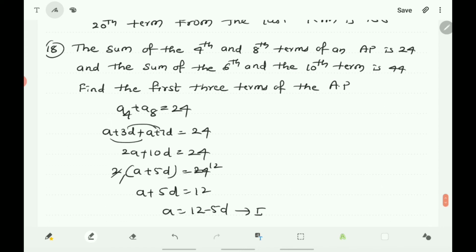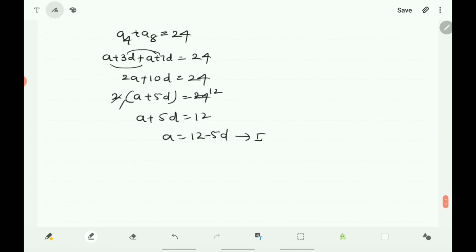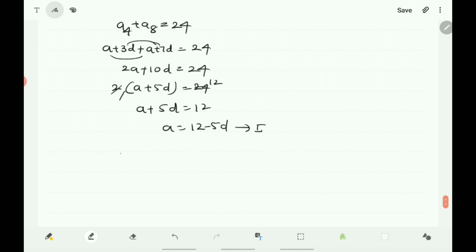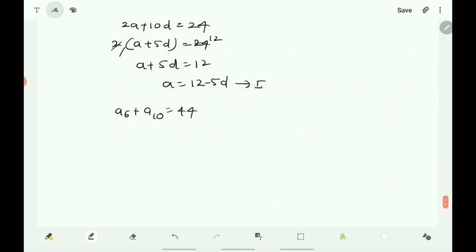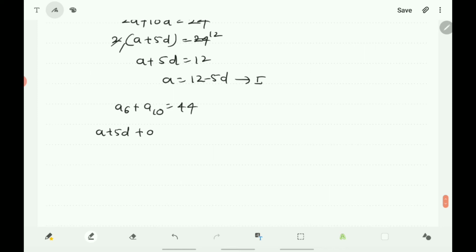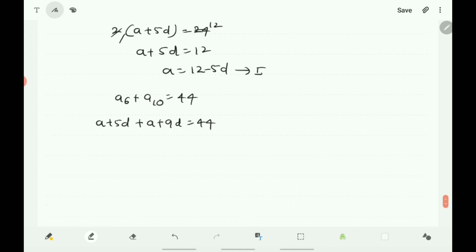And the next relation is the sum of the 6th term and 10th term is 44. That is A6 plus A10 is equal to 44. A6 is A plus 5D plus A10 is A plus 9D is equal to 44.